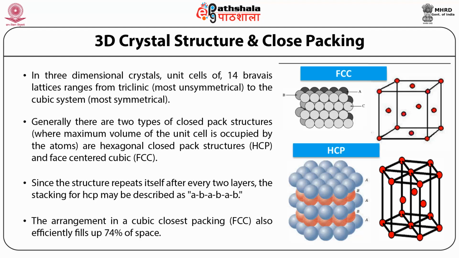The spheres in the third layer are not in line with those in the first layer, and the structure does not repeat until a 4th layer is added, which is the same as the first layer, so the arrangement of the layers is ABC, ABC, ABC kind.